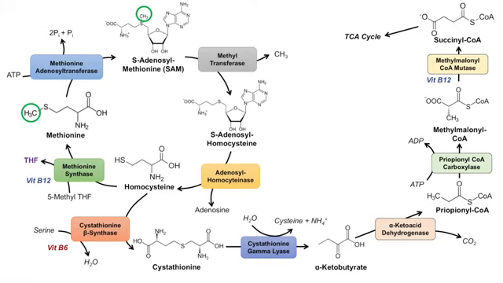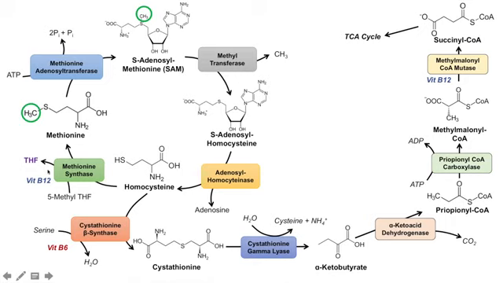One is that methionine can be utilized to form a very important methyl donor, S-adenosylmethionine, in the activated methyl cycle. And we can then actually go through the activated methyl cycle and actually recycle our byproduct, homocysteine, back into methionine by methionine synthase, and we can also generate another important cofactor, tetrahydrofolate.